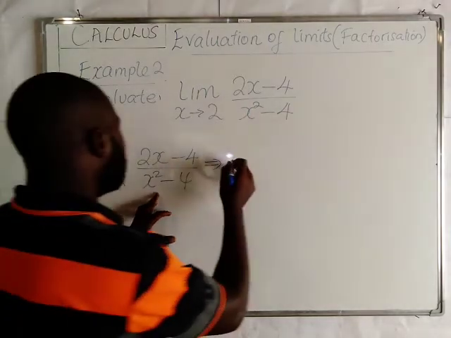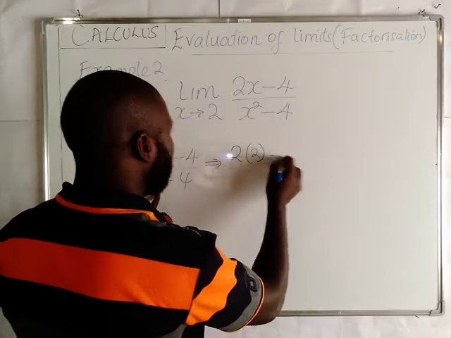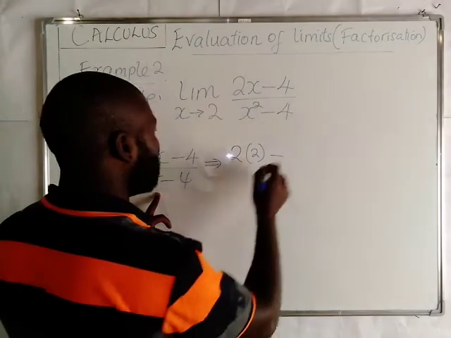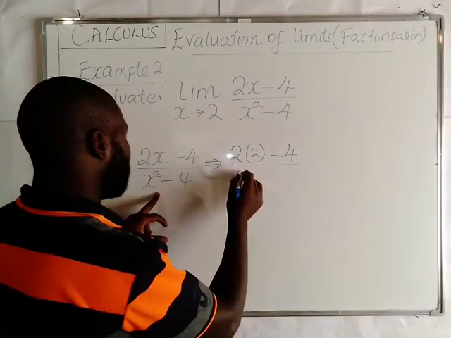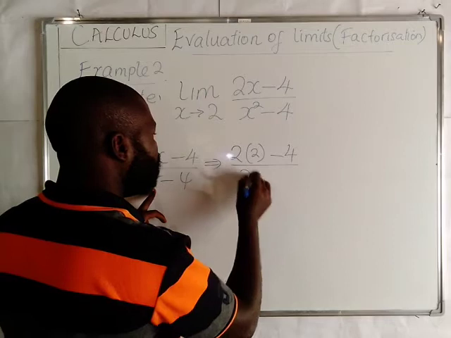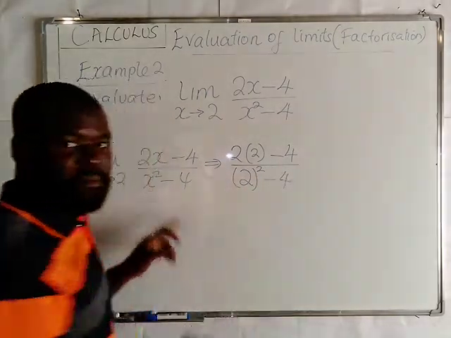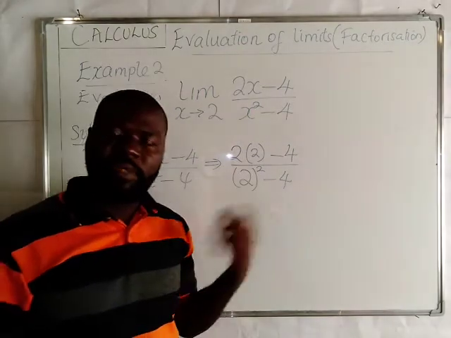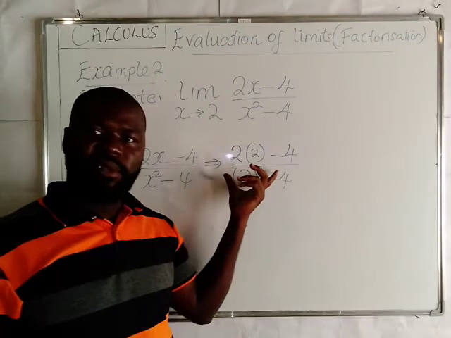Okay? So we shall have 2x, x is 2, so we substitute, minus 4 over 2, our 2 minus 4. After substituting, we now have this.